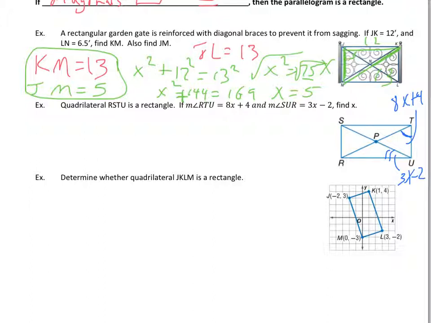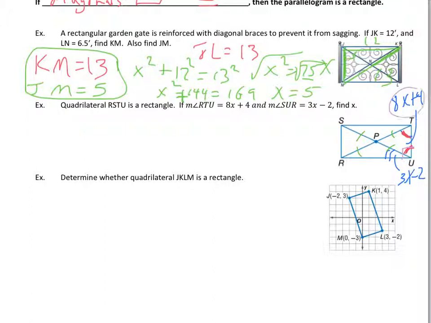You'll recall that diagonals bisect each other in a parallelogram, so these two segments are congruent, and if the diagonals are congruent, then all four of those small sections of the diagonals are congruent, which means we now have an isosceles triangle. So these two angles are congruent. So TUP is congruent to PTU. Well, a rectangle has all angles that are 90 degrees.